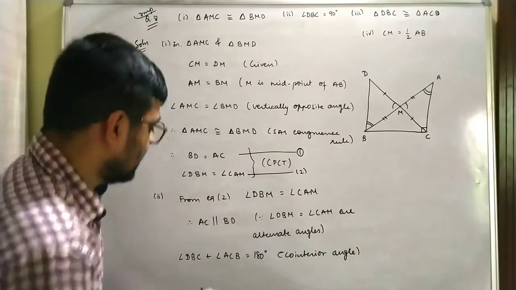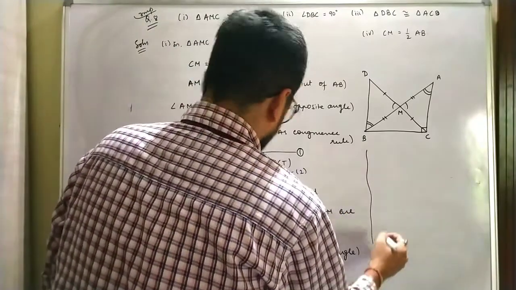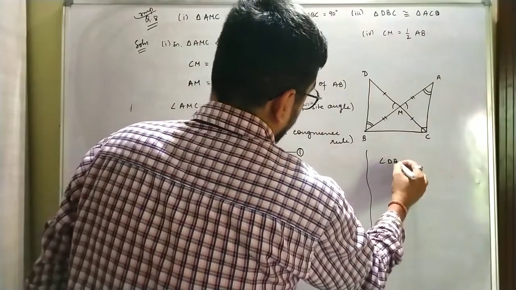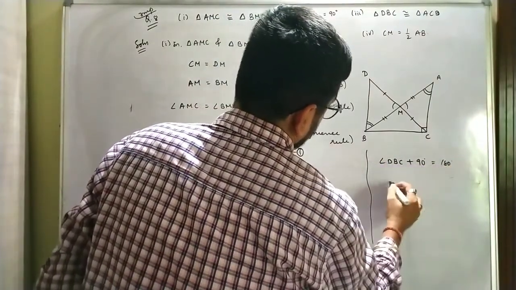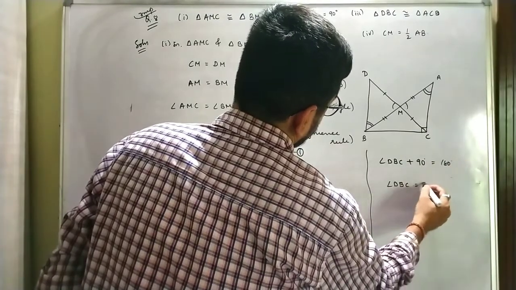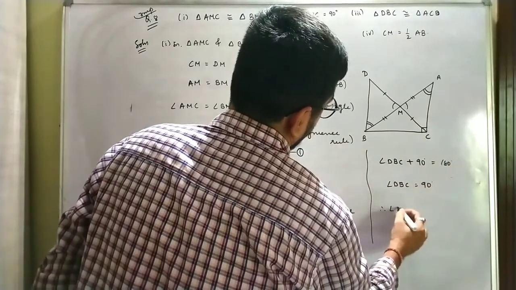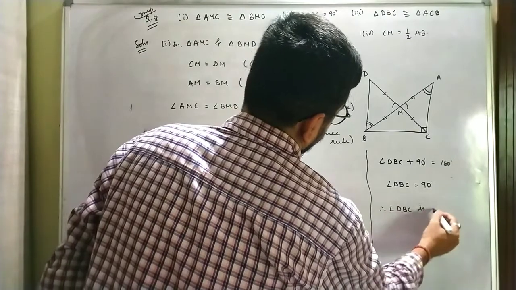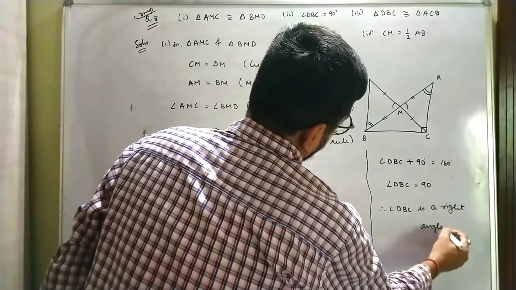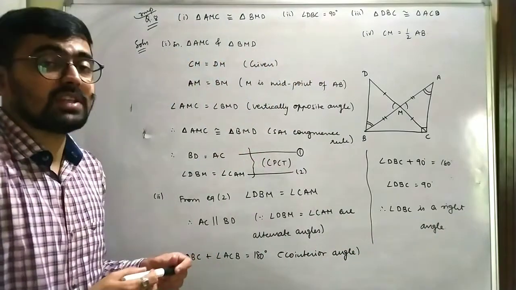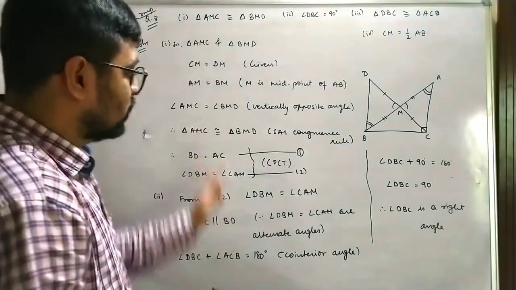And as per that, I already know the value of angle ACB, so DBC plus 90 equals 180, so DBC is equal to 90. Therefore angle DBC is a right angle. Simple. So this is the second one, and so far only two are solved.